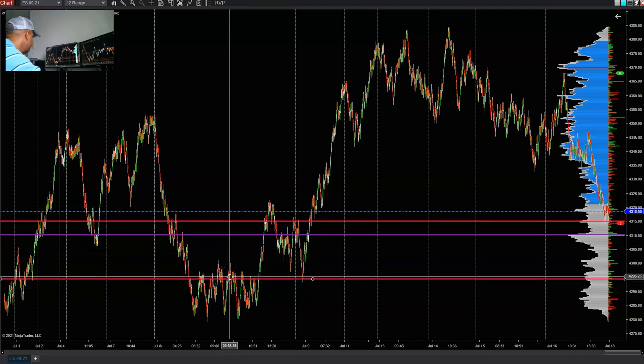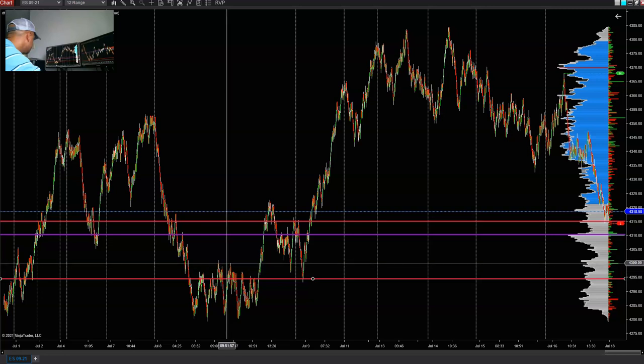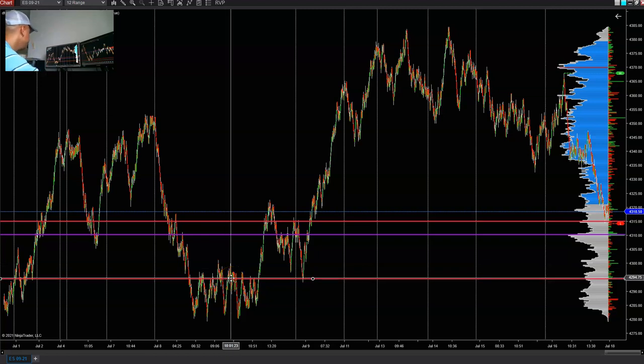I mentioned the 42.94 area. Yeah, the 42.94 area is what would make sense to me. So we could look at that for a possible trade entry as well.